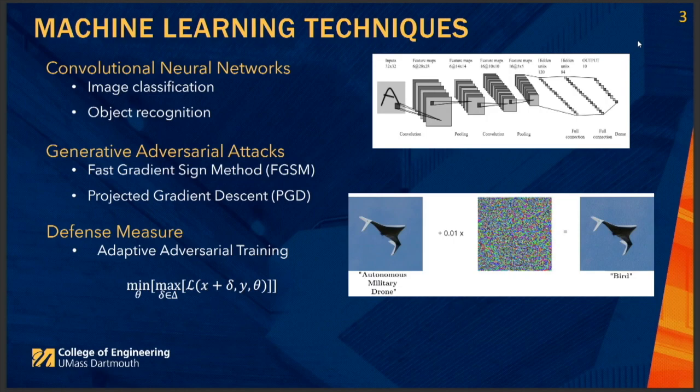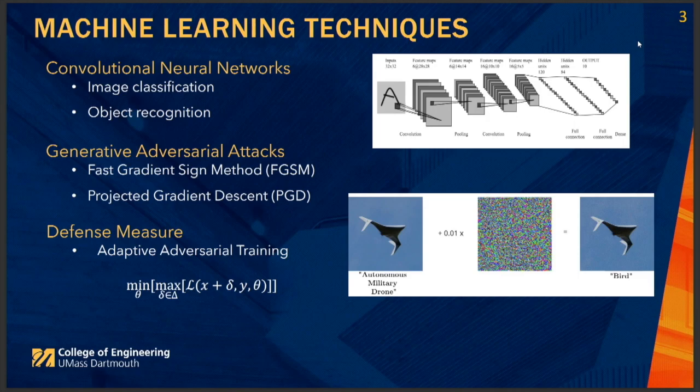So for the illustrations here, we consider a convolutional neural network, which is widely used for image classification and object recognition. It's pretty much just we input an image and the output of the model will be the probability of the image being from a class. And there are many types of attacks, especially generative adversarial attacks, available in the literature.